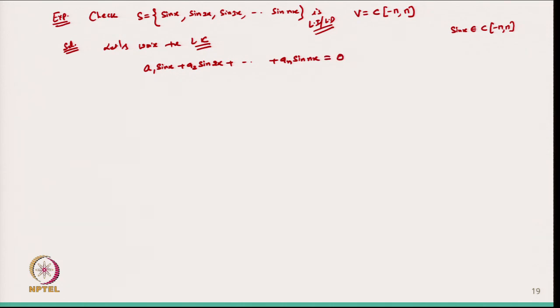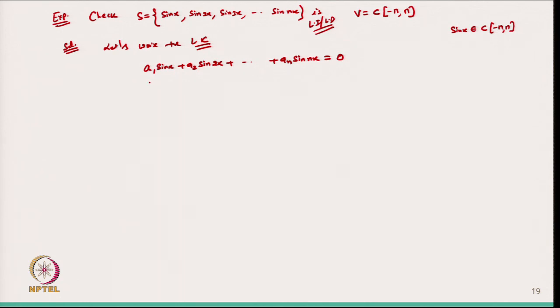This is the same way we did in the previous example, where we had only 3 vectors, x, sin x and cos x. But now we have n vectors, and if I do the same thing again and again, taking derivatives, I will get an n cross n matrix.